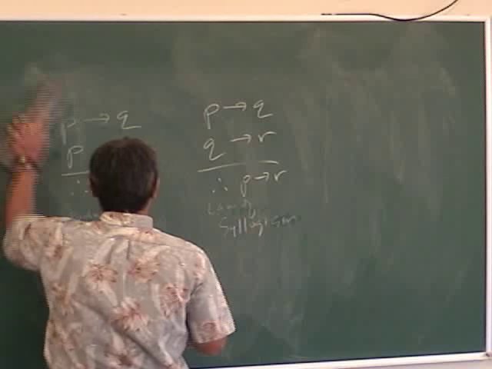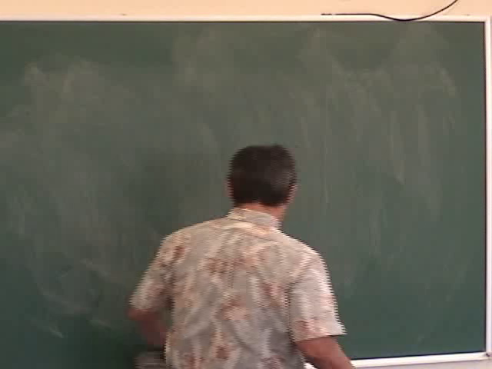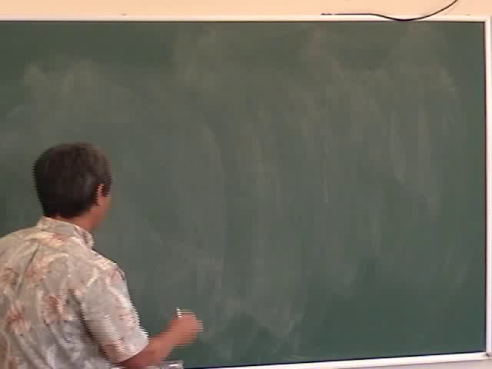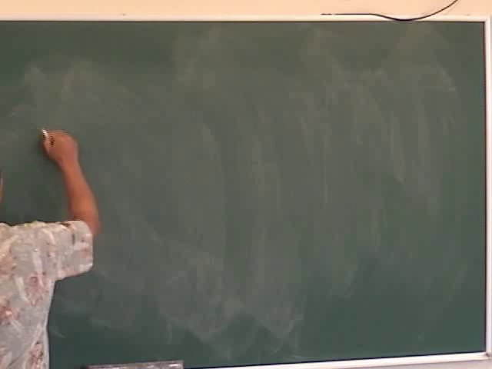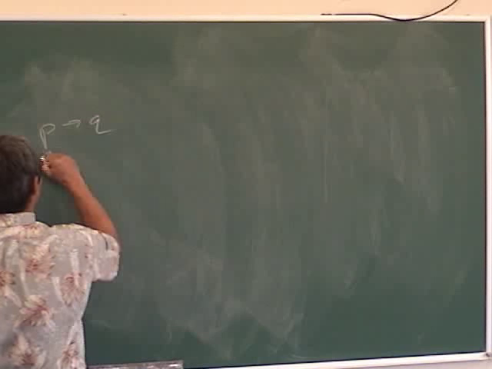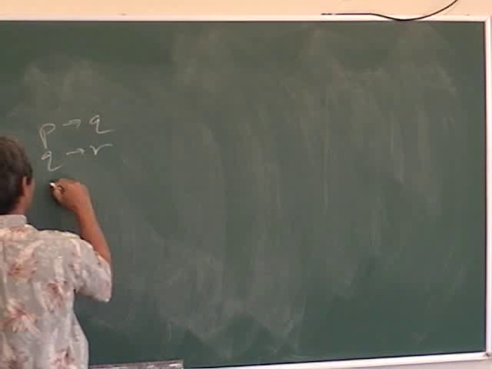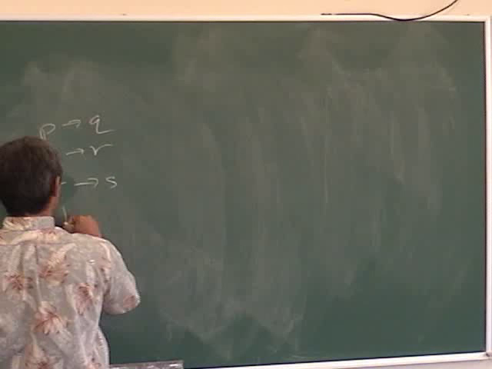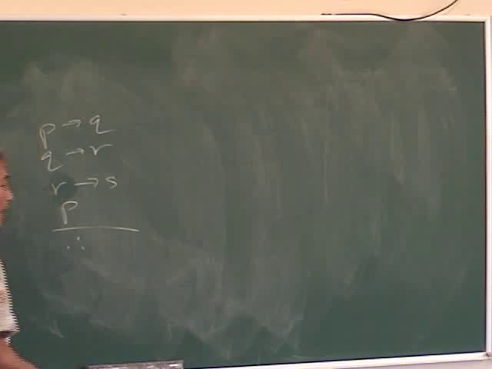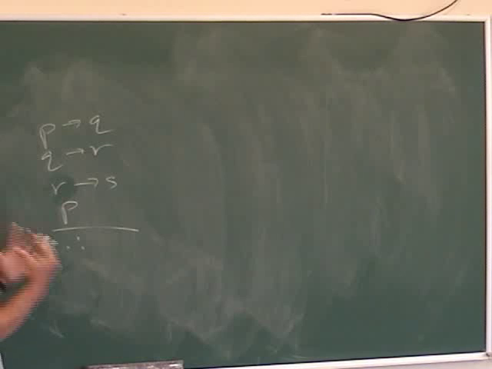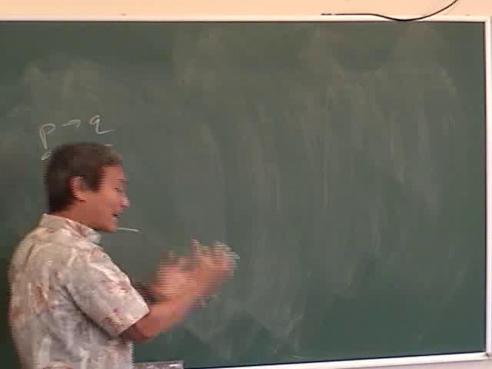So, this is a skill that you need to get under your belt. So, let's start out easy. P implies Q, Q implies R, P, now let's kick it up a notch. R implies S, P, therefore what? So, if these 4 premises are true, what is a valid conclusion? I mean, what's a logical conclusion?